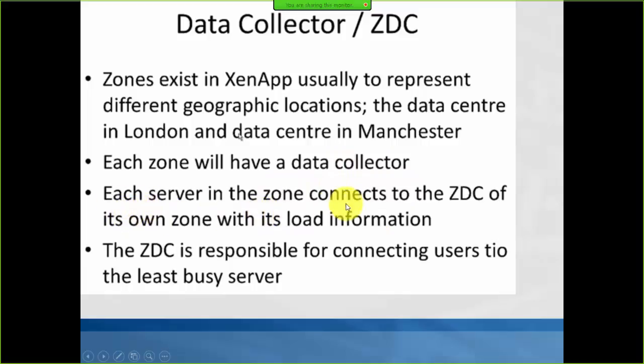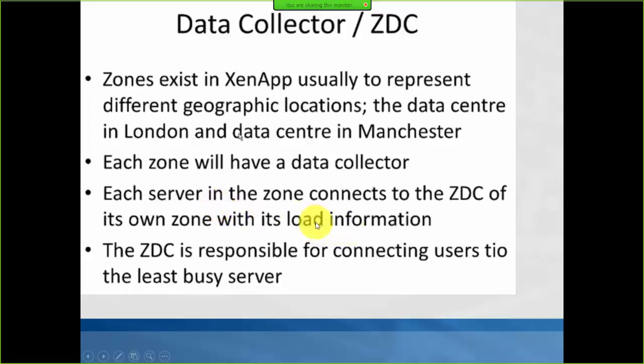Each server in the zone connects to the zone data collector of its own zone with its load information. Each server connects to the ZDC and has the information of how many users have connected, how many applications are open right now, how many users are idle, how many users have disconnected, how many applications per user are open.